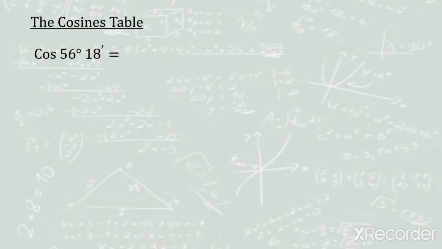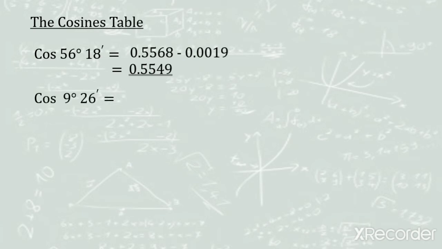So if you can find the 56 degrees from bottom to top, and 10 at the mean difference 8, you have to deduct the values. Then you will receive the answer. But be careful, do not look up. We have to look only down for the cosines table. And you can do the same thing for this one also. You have to deduct the values.